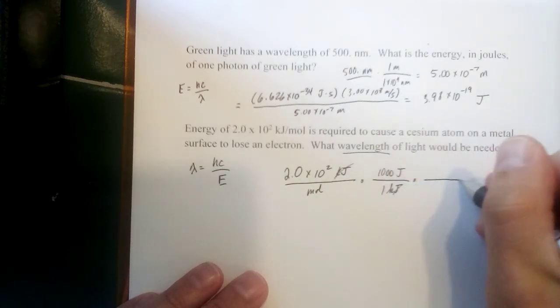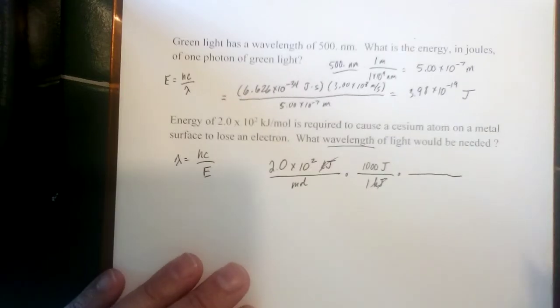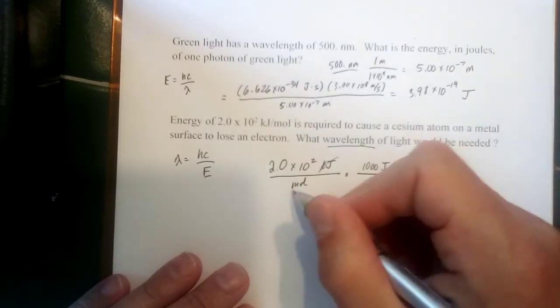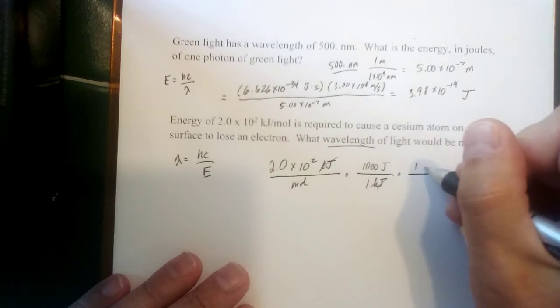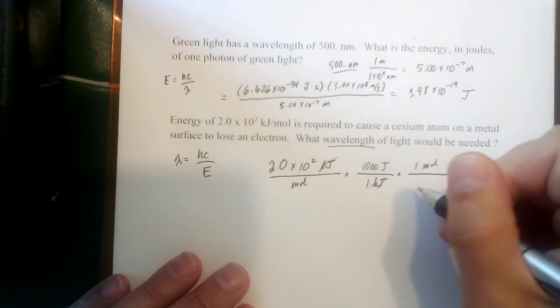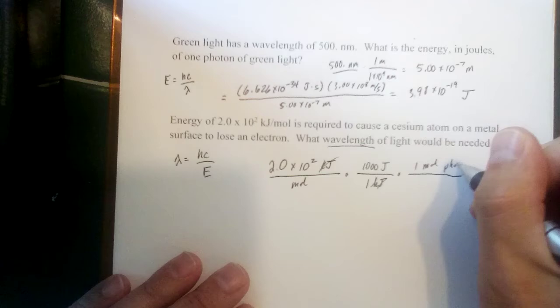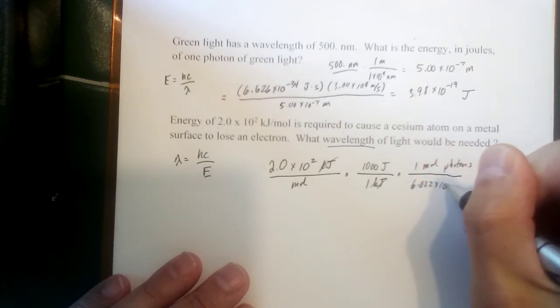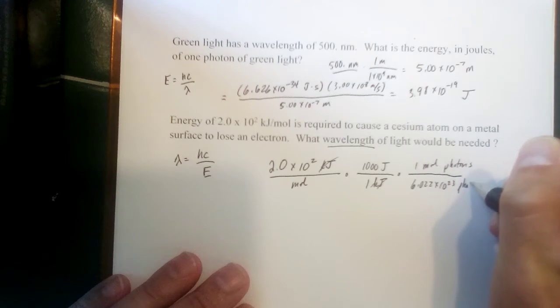The maybe trickier step here is I need a mole on top here to cancel out moles on the bottom. So 1 mole of photons is 6.022 times 10 to the 23rd photons.